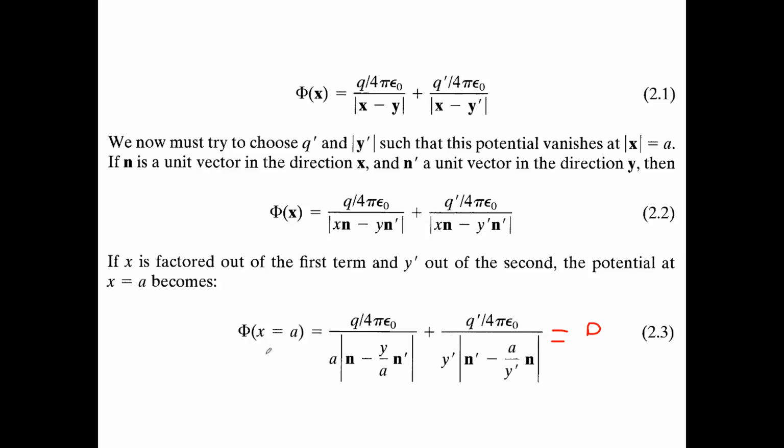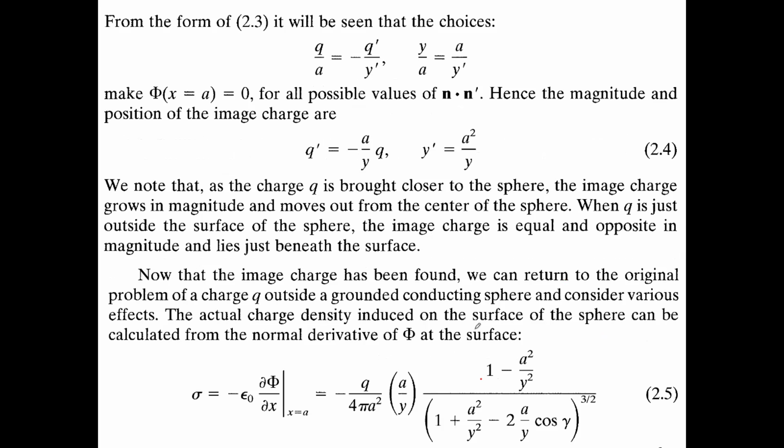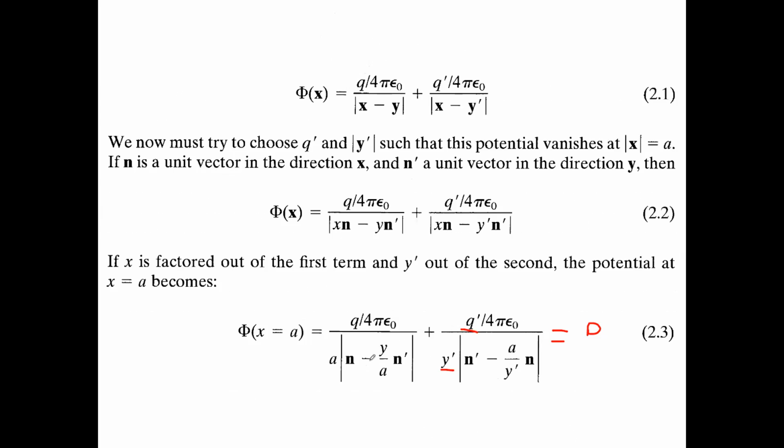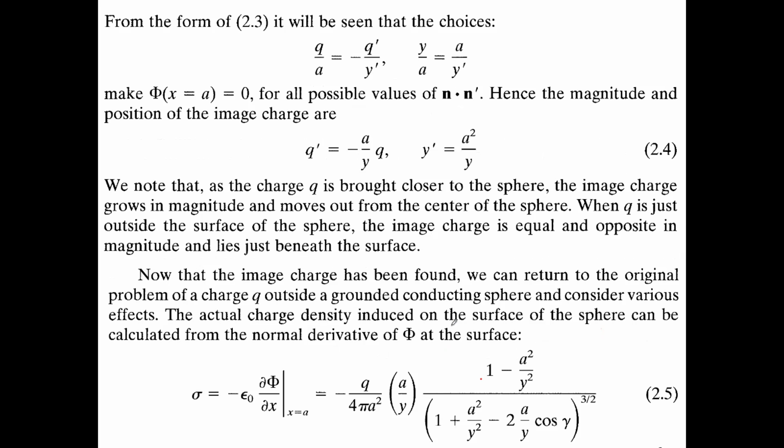There might be more than one solution, but the easiest solution we can get for y prime and q prime is when q over a equals negative q prime over y prime, plus y over a equals a over y prime.